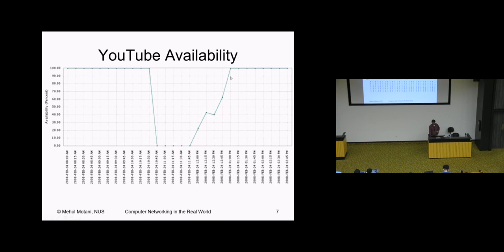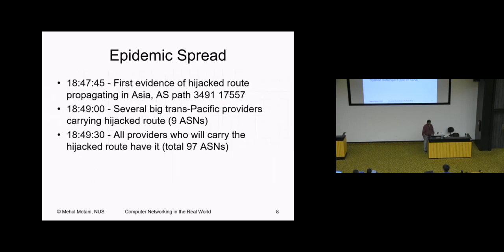And then it took a long time to come back. So how do you think it came back? Any ideas? How do you think YouTube got it back? Yeah, they had to hijack the route back. Exactly. So what did YouTube do?